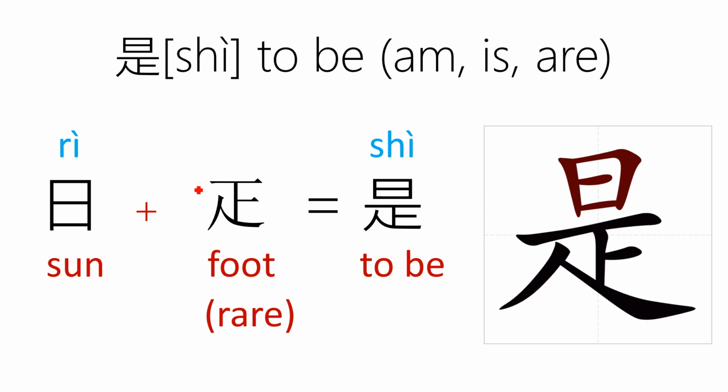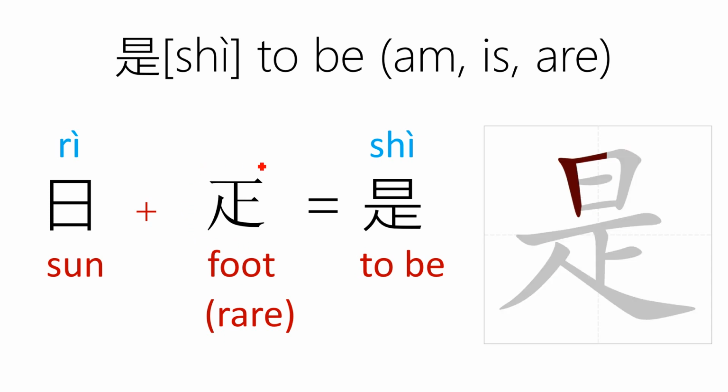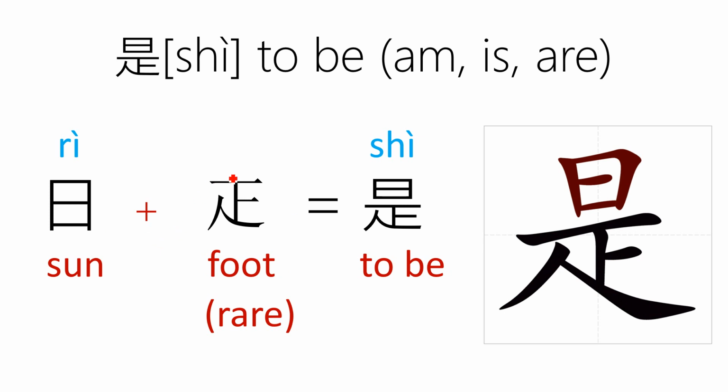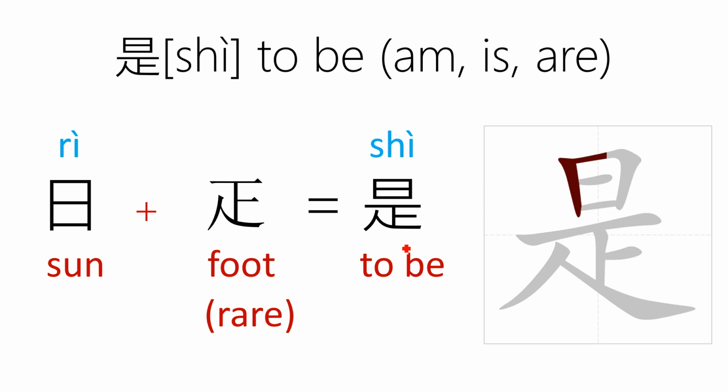So we just need to know this part, and it doesn't matter if you don't know the meaning. Nobody knows the meaning of this part. Nobody knows the pronunciation of this part. We only know we put 日 on top of this part and it is 是. Every Chinese person knows 是, but I don't know how many people know this part. So 是 means to be.